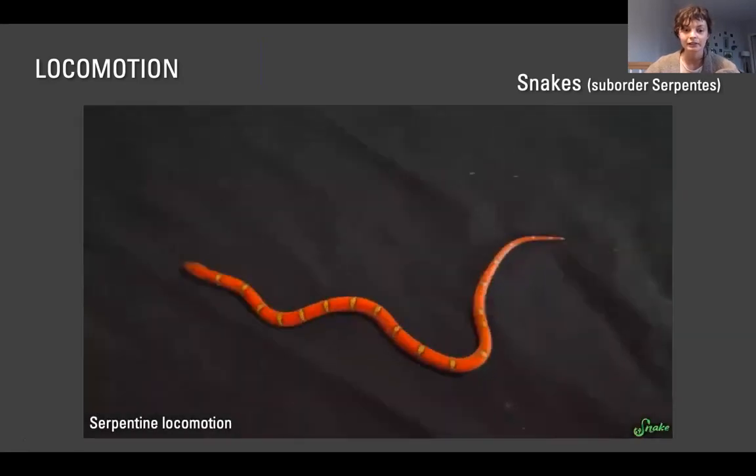All right, and then in the class, we went into the locomotion. So the first introduction to the locomotion was through snakes, and you will then see the task on the next video. But we just did the small introduction with the most common way of snakes moving, which is called the serpentine locomotion.